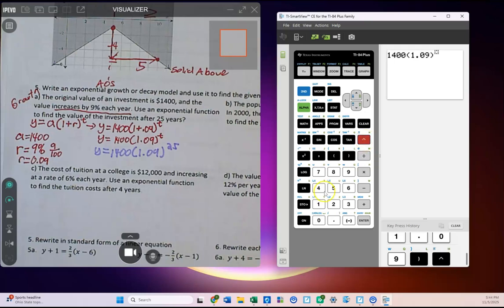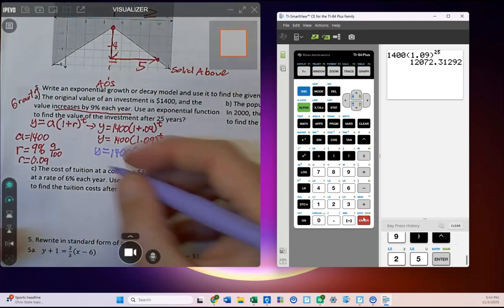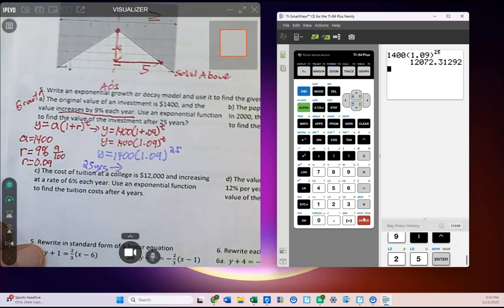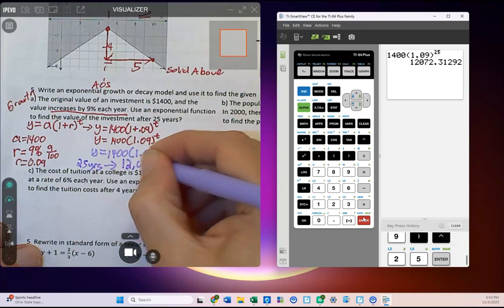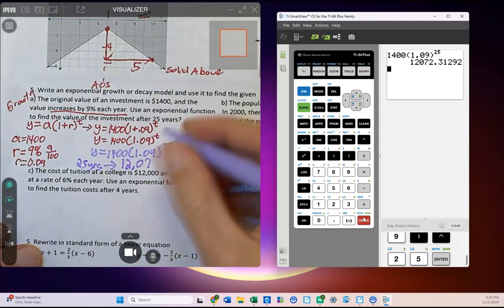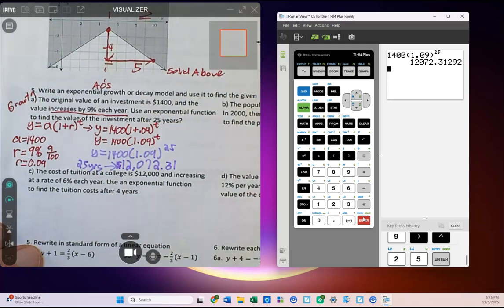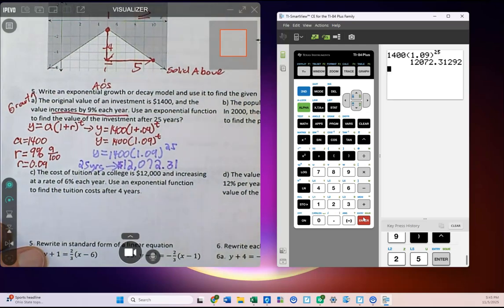Use the caret button. Remember to round to the nearest cent. Okay, B.